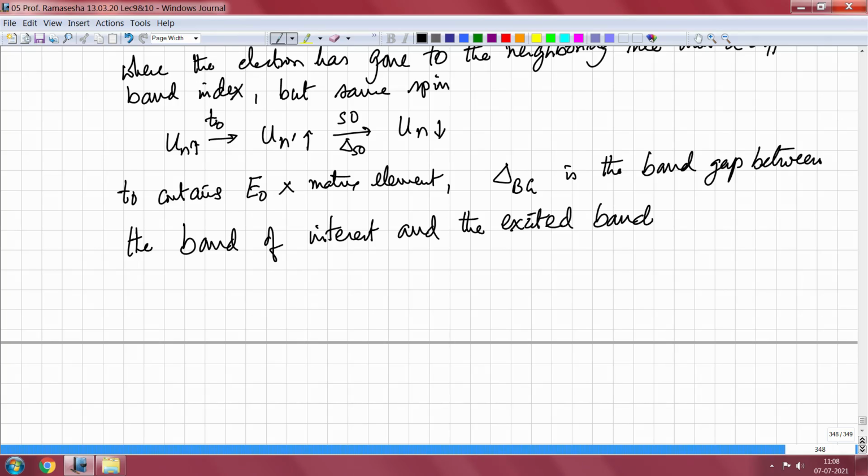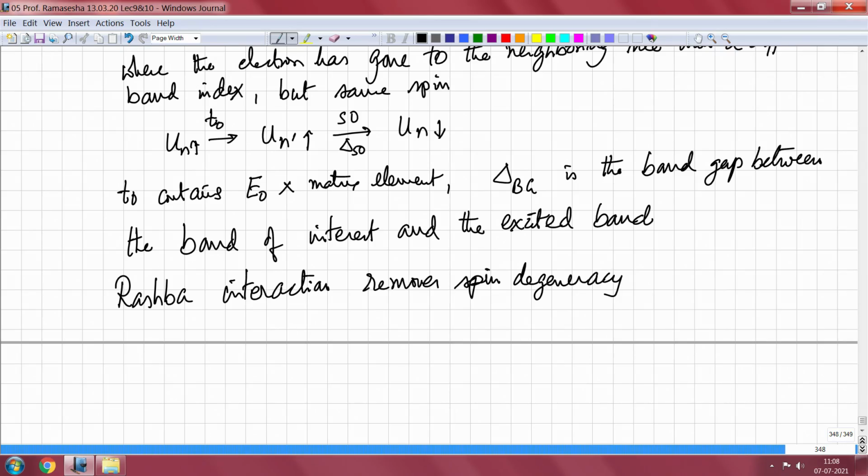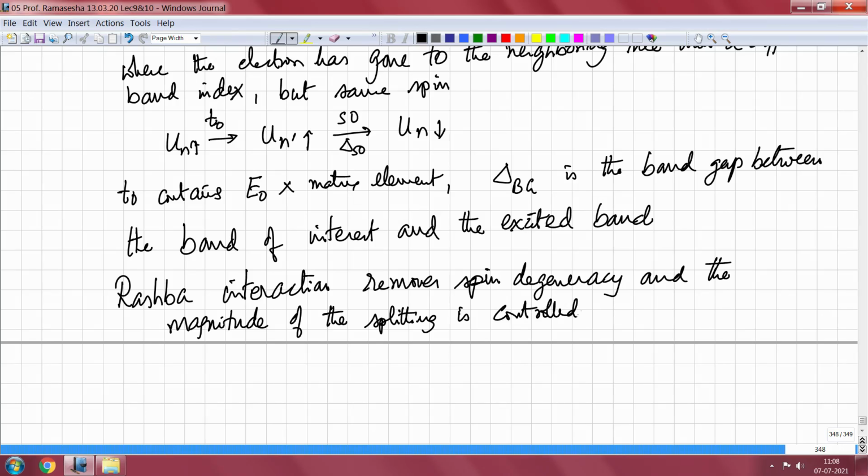So, what Rashba splitting is capable of doing is the following: Rashba splitting, Rashba interaction removes spin degeneracy, and the magnitude of the splitting is controlled by E naught, the field.